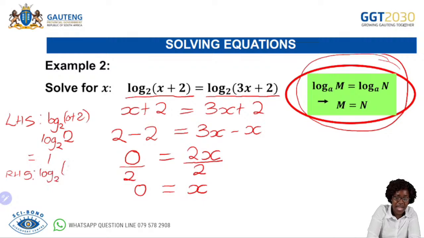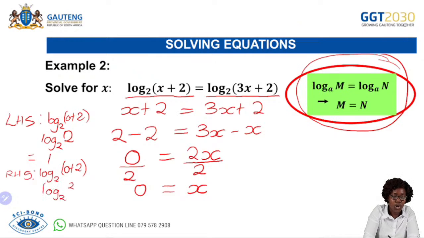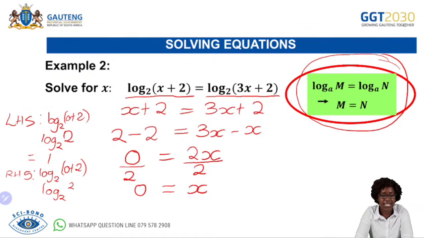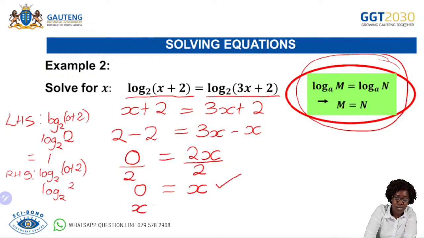But now remember our x is a 0. So 3 multiplied by 0 is 0. Then we add 2. Our solution there is also log of 2 to base 2. So we can confirm that the left-hand side gives us exactly what is on the right-hand side. So therefore, we now know that our solution is true. So x is equal to 0.